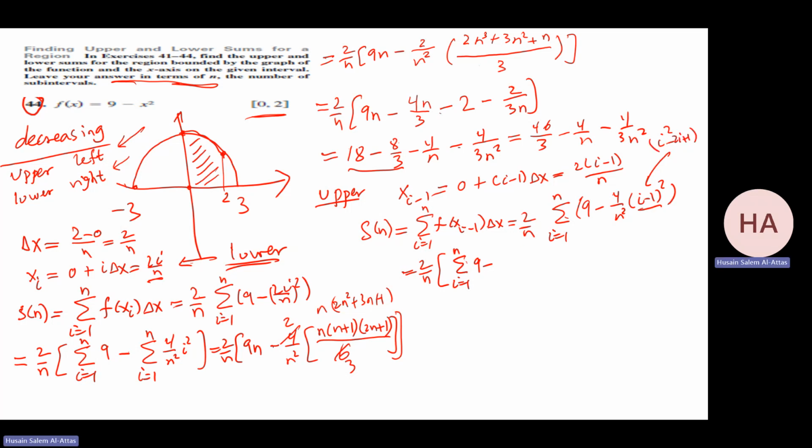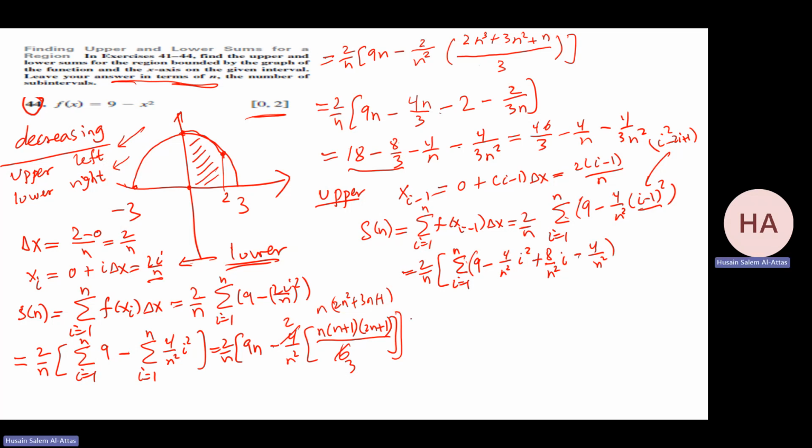That will be 4 over n square times i square, minus times minus makes it plus 8 over n square times i, minus 4 over n square, all of this under the summation.